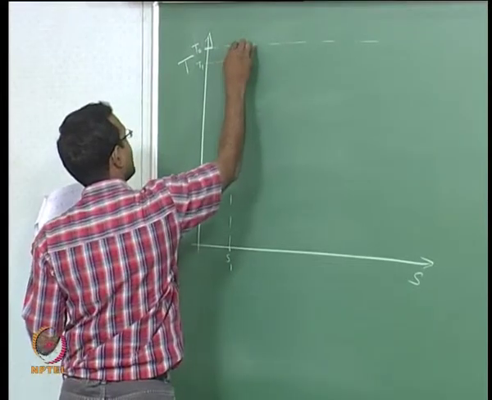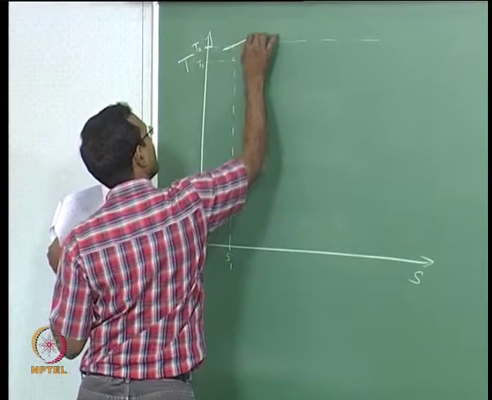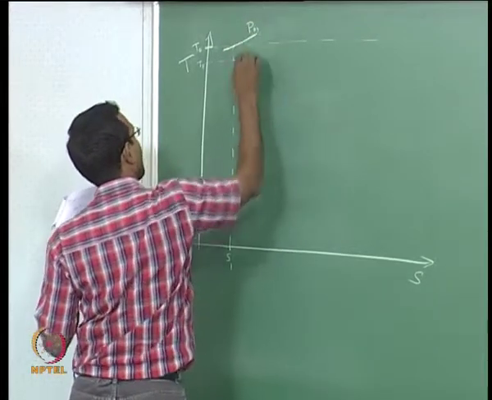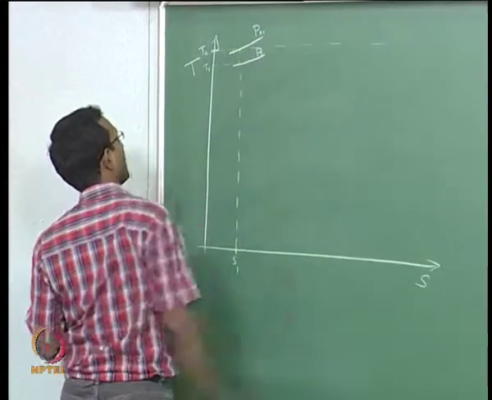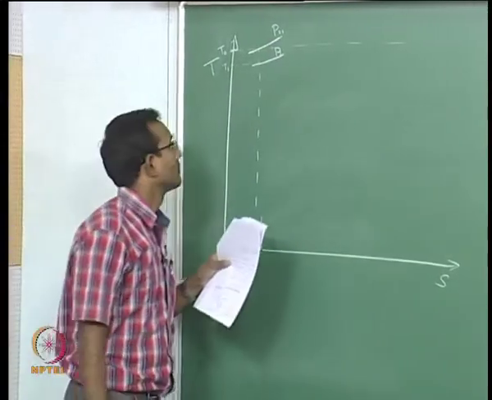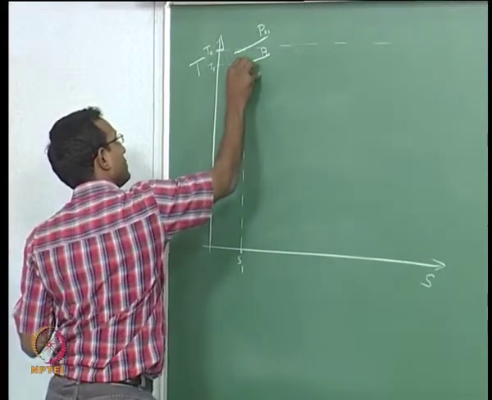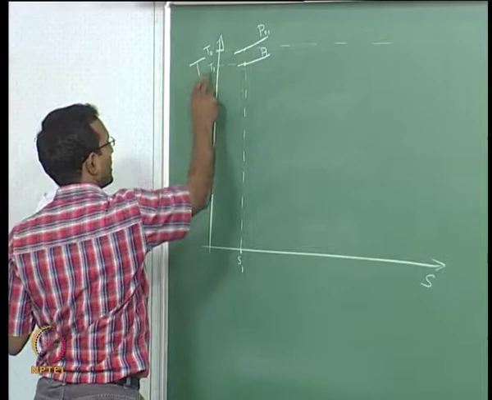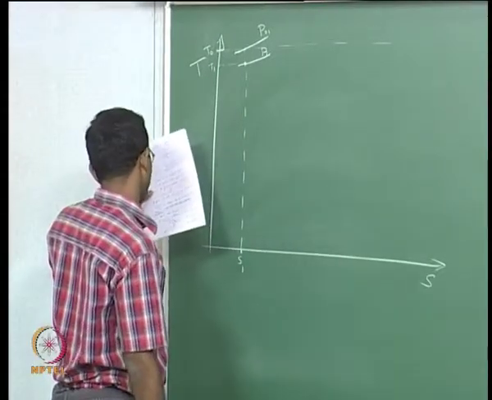So, this is my stagnation pressure P naught 1, and this will be my static pressure P1. Of course, I am drawing only part of the curve, it keeps going. This is my actual point, the P1 T1 location is here, that is where I am currently, the state point.